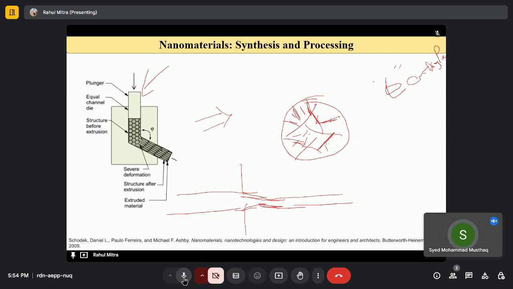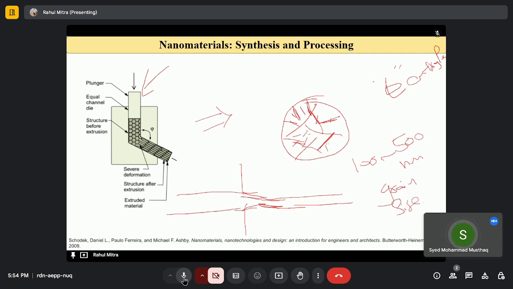Because of this we have separate grain boundaries. We have very fine grains that are formed, and these fine grains can range from 100 to 500 nanometers in grain size.